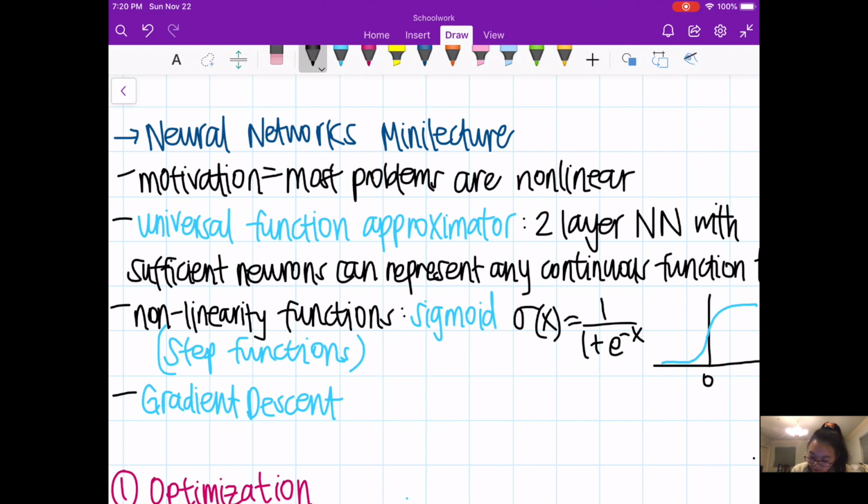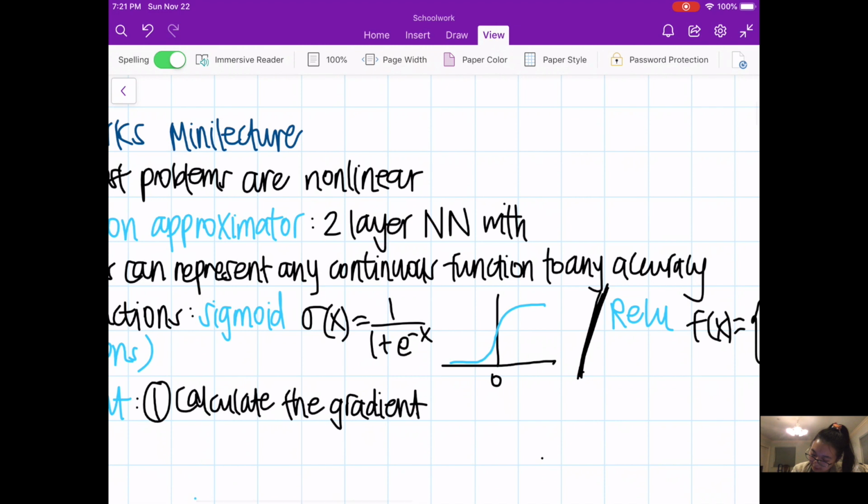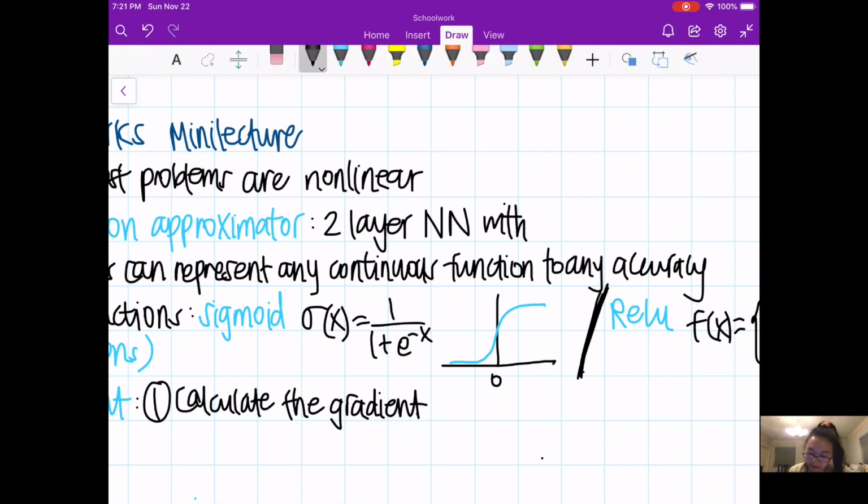And because of that, the two main steps are, first, you need to calculate the gradient. And just some key tips to remember when calculating a gradient is that you want to use chain rule and the computation graphs.